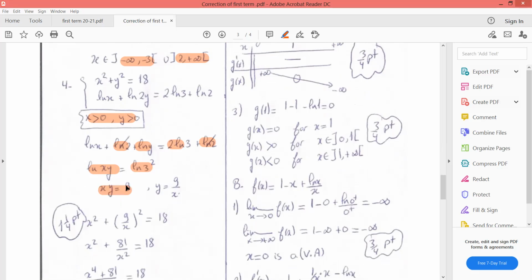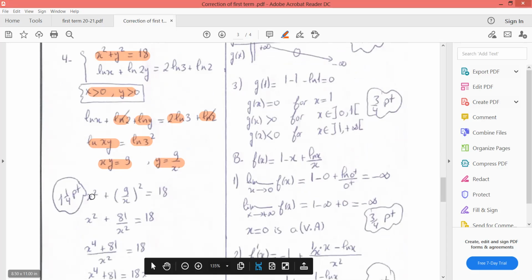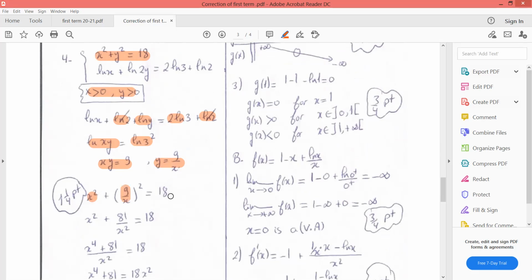So I get two equations, xy = 9 and x squared + y squared = 18. So the easiest way is to find y in terms of x or x in terms of y. So here y = 9/x. I replace y by 9/x in the first equation. x squared, instead of y, I put (9/x) squared equals 18.